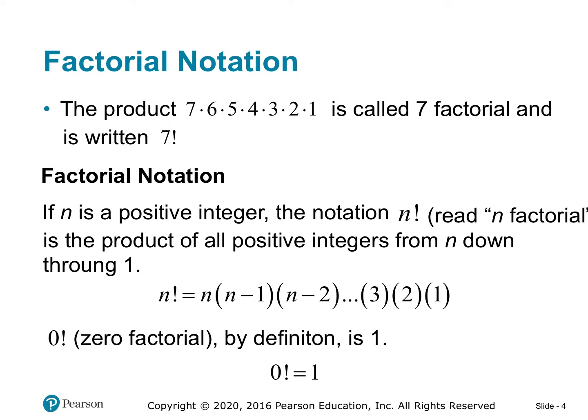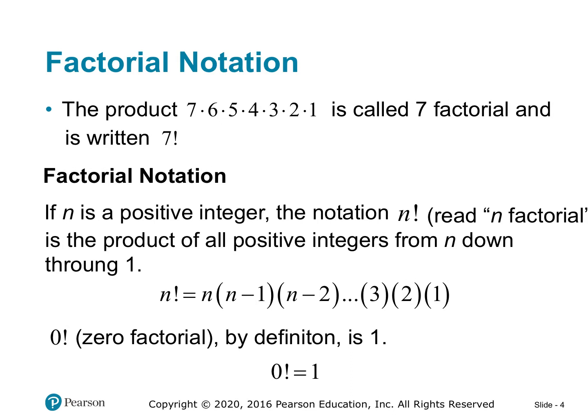All right, factorial notation. The product 7, 6, 5, 4, 3, 2, 1 is called 7 factorial and is written as 7 exclamation point. So factorial notation: if n is a positive integer, the notation n factorial is the product of all positive integers from n down through 1.